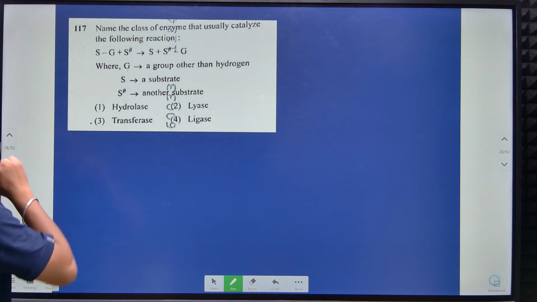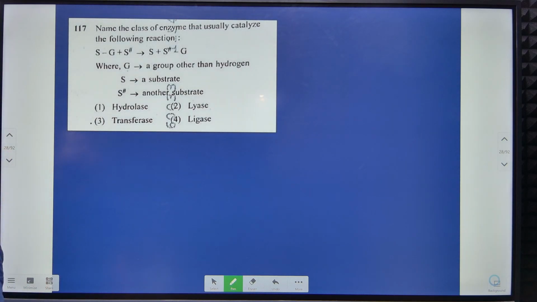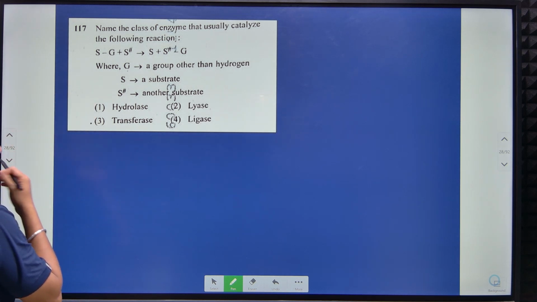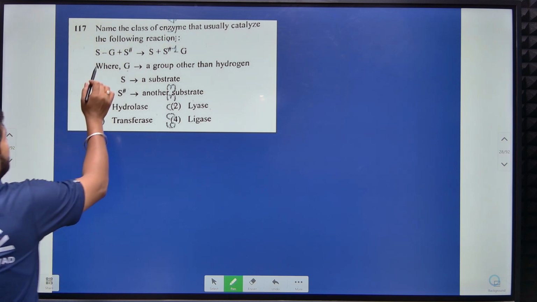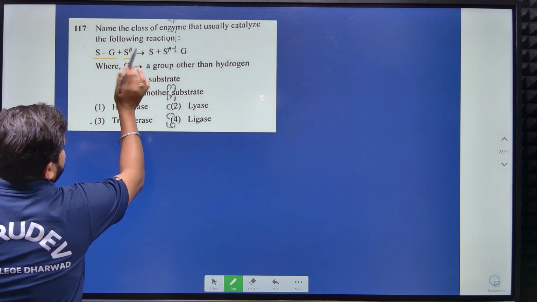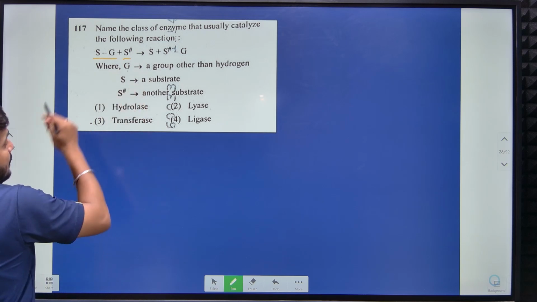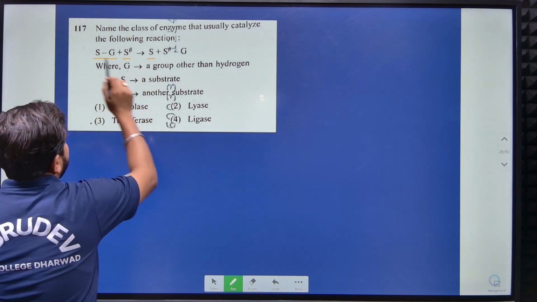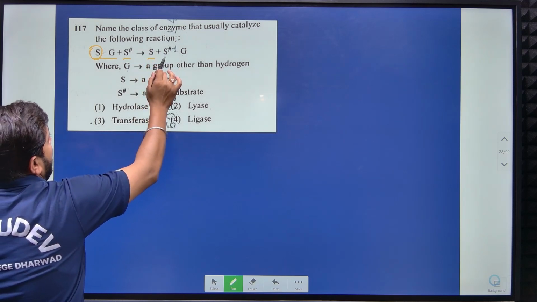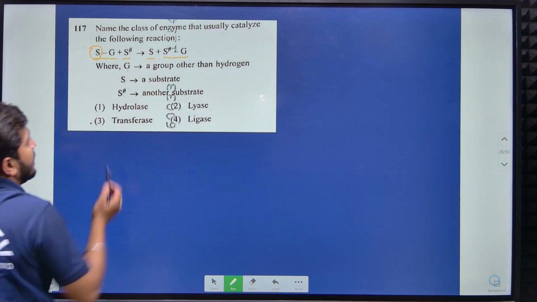Then moving on to the next: name the class of enzyme that usually catalyzes the following reaction. Here SG is a combination and S hash is without a combination. Then S became without combination with respect to the enzyme, and S hash and G got combined here.